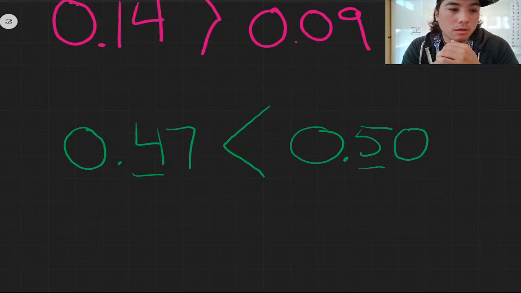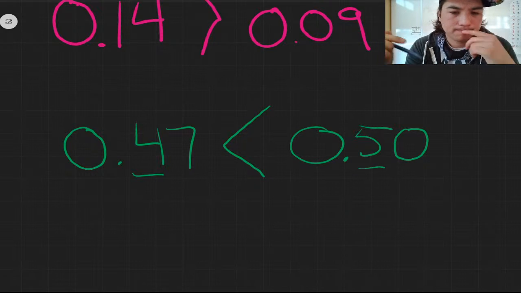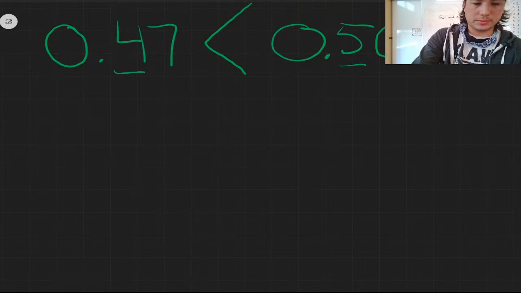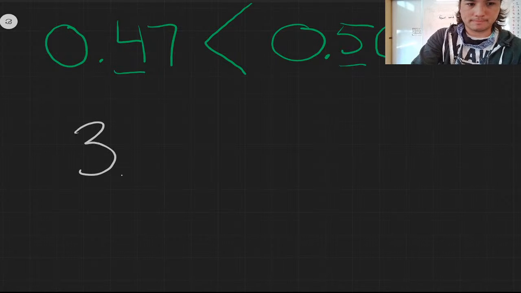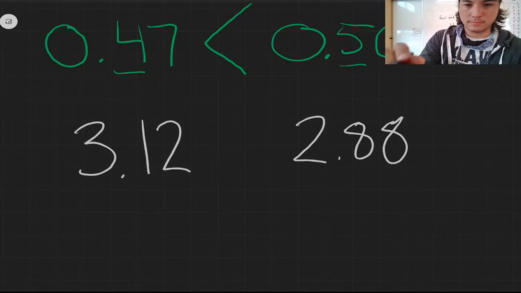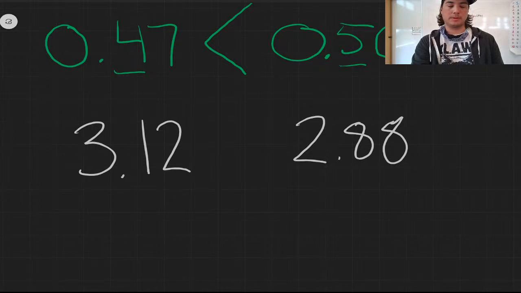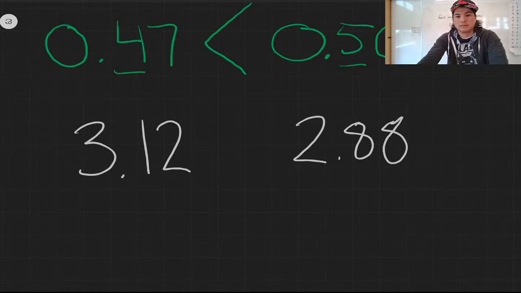What if you add whole numbers into the mix? Try this one on for size: 3 and 12 hundredths, yikes, or 2 and 88 hundredths. Which one is greater? Just like comparing whole numbers, always start with the largest place available.